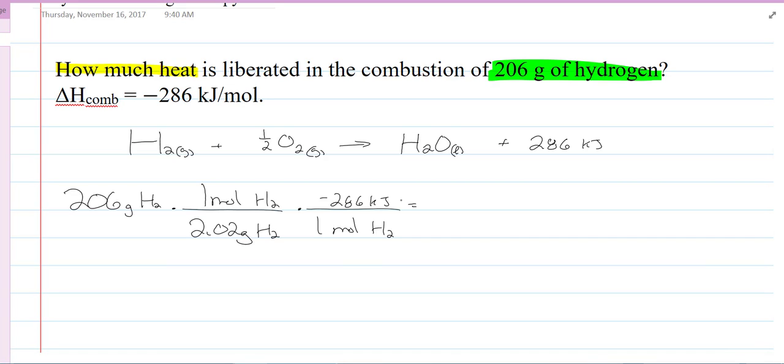That will give us 29,200 kilojoules. And it's negative, and that just means it's heat released.